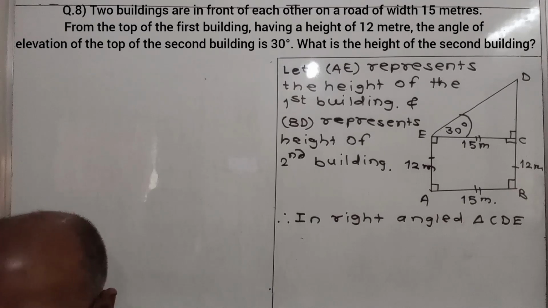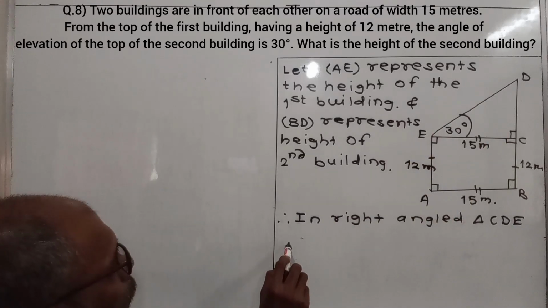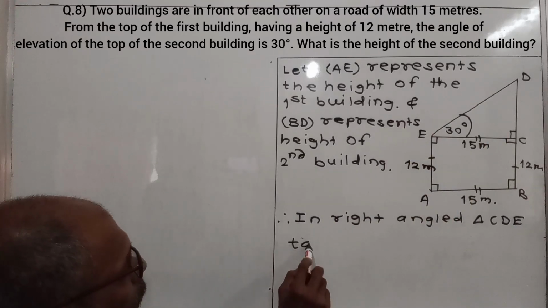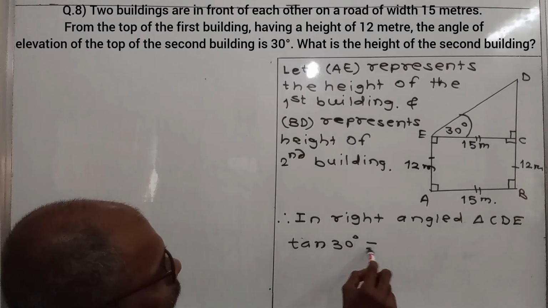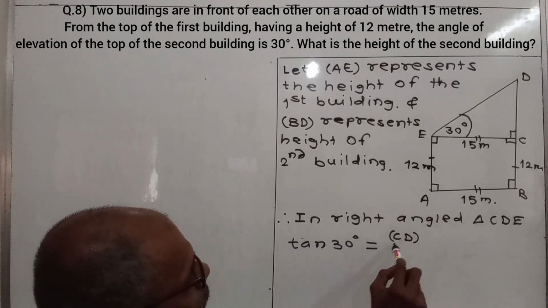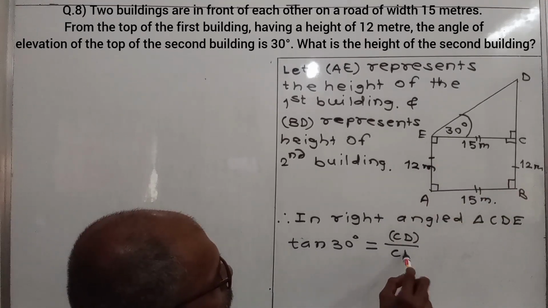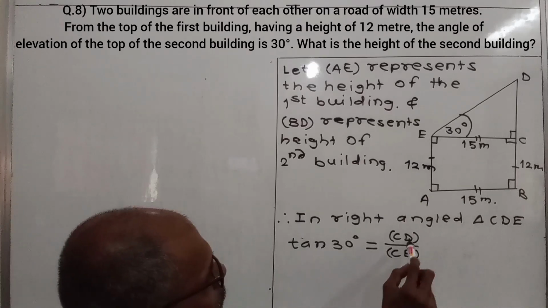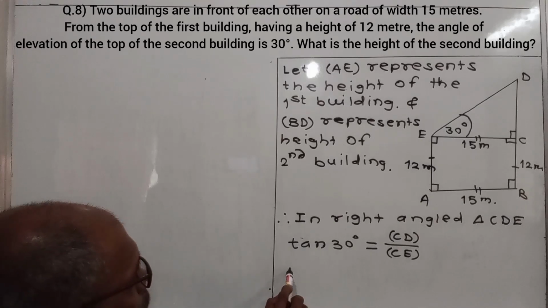So we use tan. In right angled triangle CDE, tan 30 degree is equal to opposite side upon adjacent side, means CD upon CE.